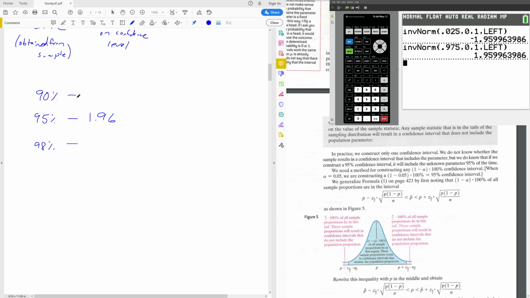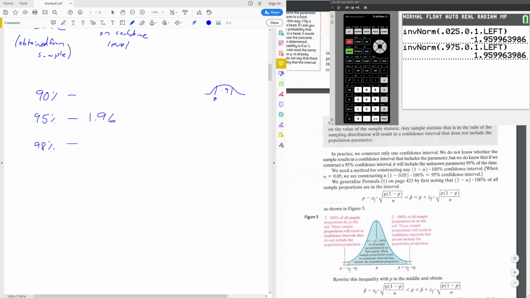For 90%, think about what we would do for that. So we would have a little curve here, and we'd be putting 90% in the middle. Right? So how would you find this z value right there? Well, what percent is to the left of this? 10% is not included, but there's 2 different sides, so that's 5%, right?